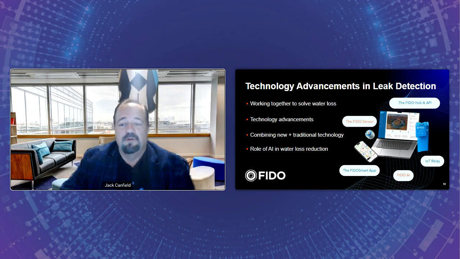Connecting infrastructure through the Internet of Things. Another major advancement is the use of Internet of Things, or IoT. IoT technology allows field devices and sensors to communicate automatically with centralized systems. In this example, the IoT relay serves as the communication link between the sensor network and cloud-based platforms.